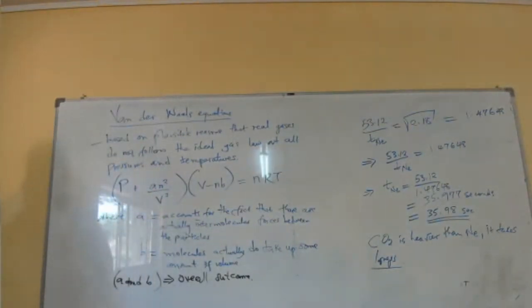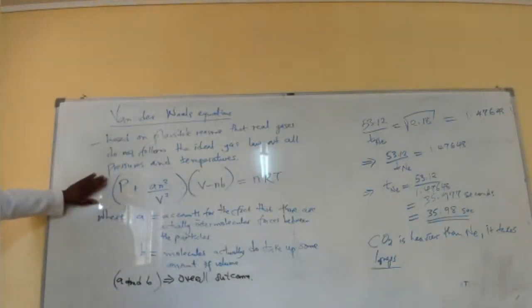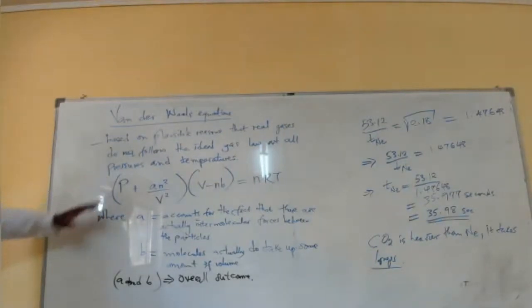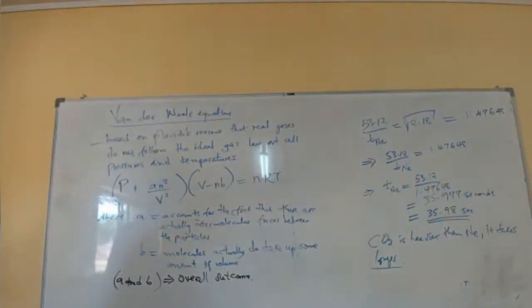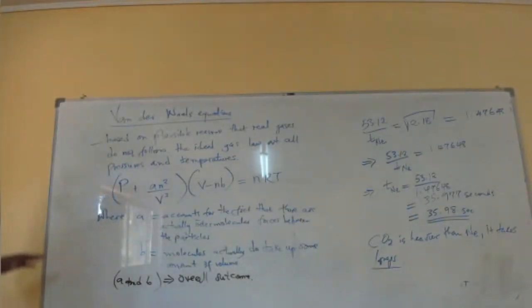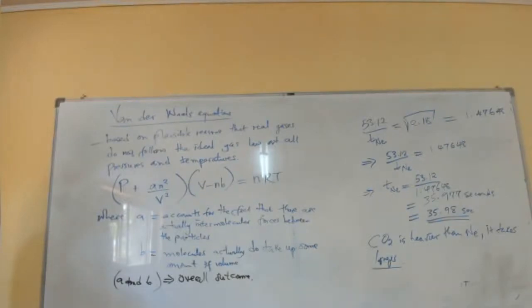Okay? So under the ideal gas equation, or rather the kinetic molecular theory, the postulates are that these gases do not attract or repel each other, and that they have zero volume. So they do not occupy volume.